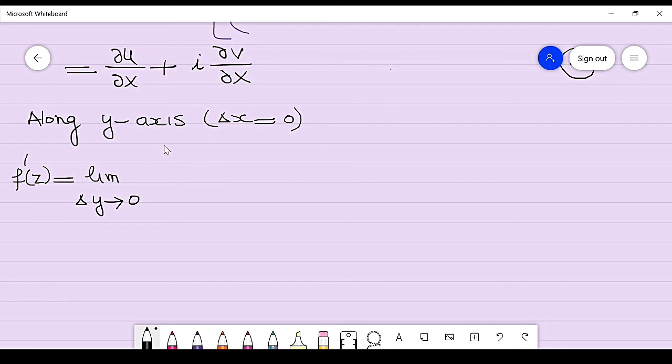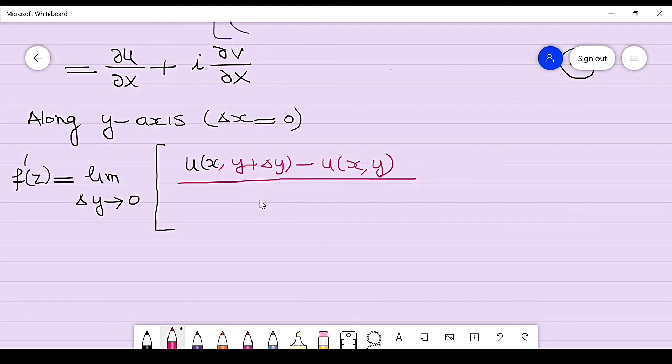If delta y remains, this is first u(x plus delta x, y plus delta y), since delta x is 0 it is just u(x, y plus delta y) minus u(x, y), over iota times delta y. Remember this, because here it was delta x plus iota delta y.